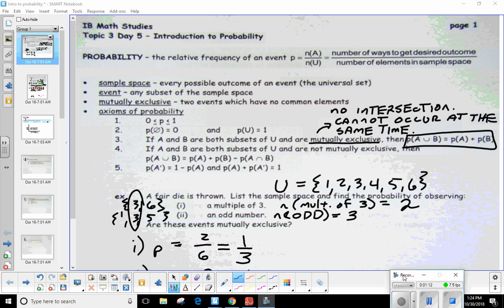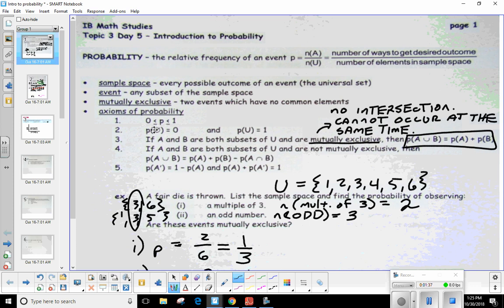We were talking about probability, which is the desired outcome over the total number of outcomes. And we had several axioms we were going to look at. Our probability was always going to be between 0 and 1, with 1 representing 100%. Mutually exclusive means that there's no intersection, no overlap between my events, so they cannot occur at the same time.